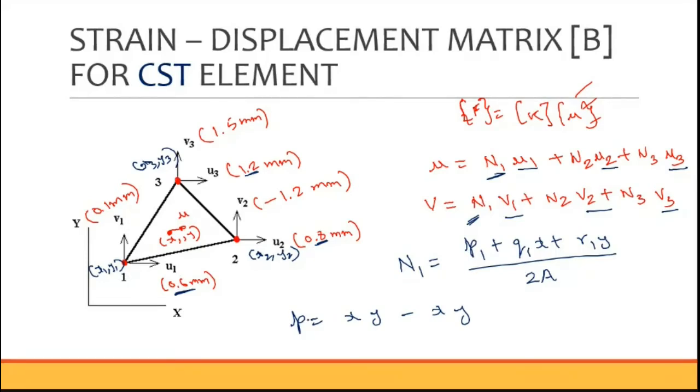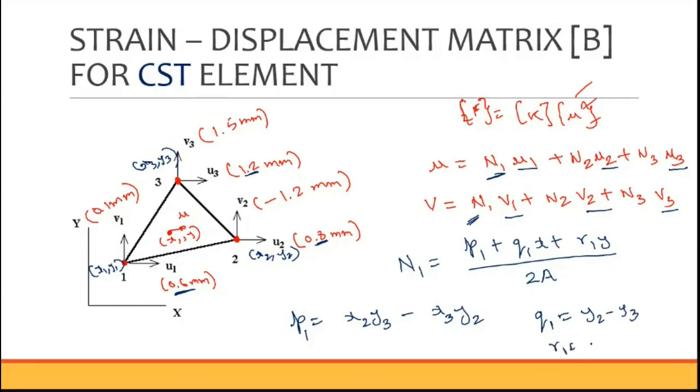For example, P1 will be x2 y3 minus x3 y2. I will tell you how I got these later, we will discuss it. Similarly, Q1 will be y2 minus y3, right?